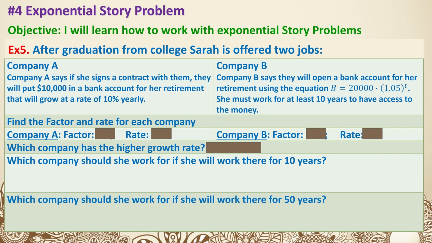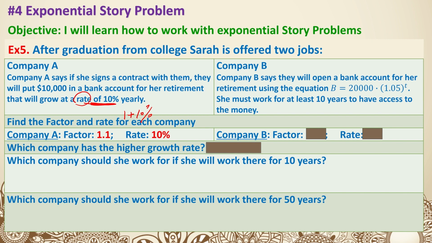So company A is at a rate of 10% growing, which means the rate is 10%, which makes the factor 1.1 because it's growing. So it's actually 1 plus the 0.1. That's going to be 1.1.